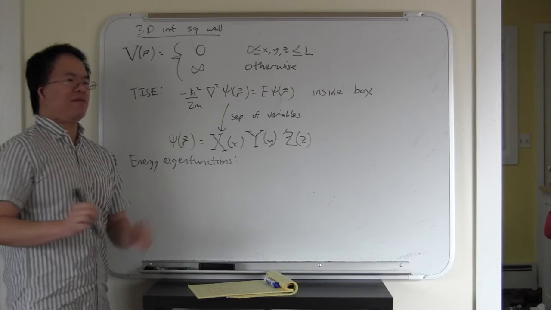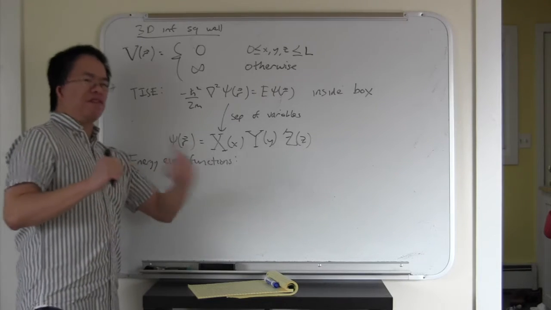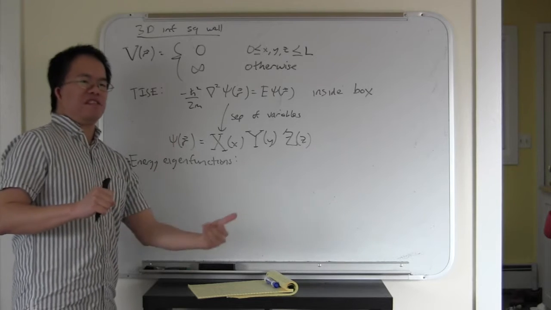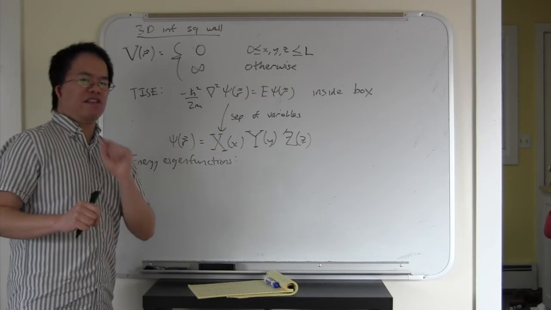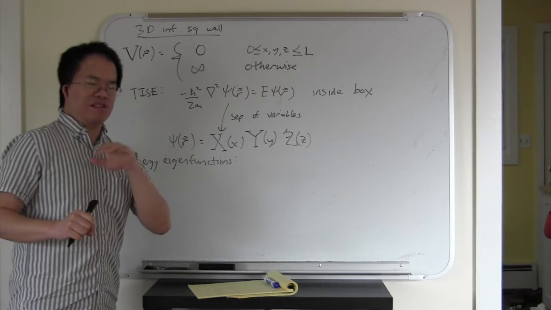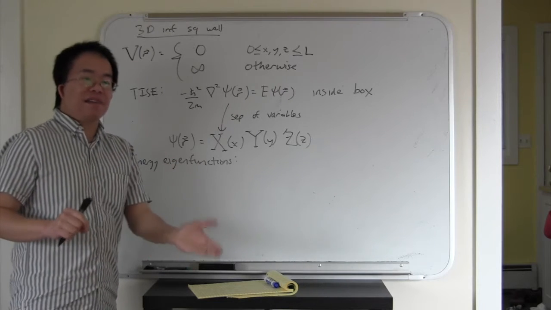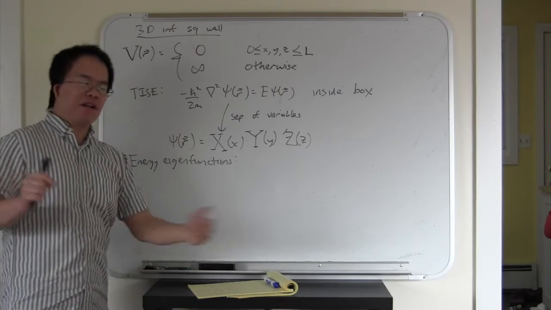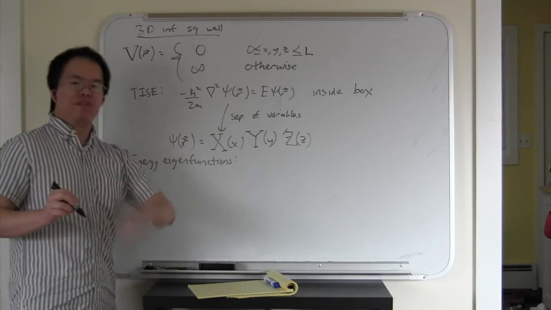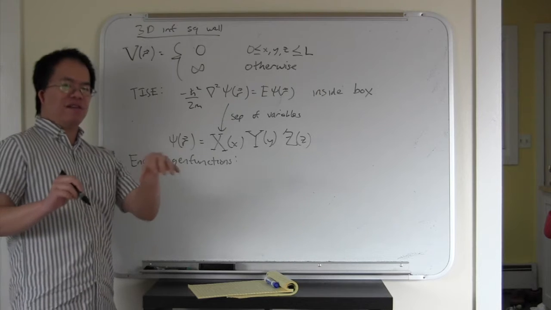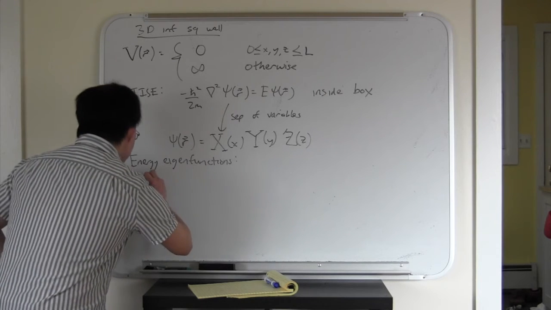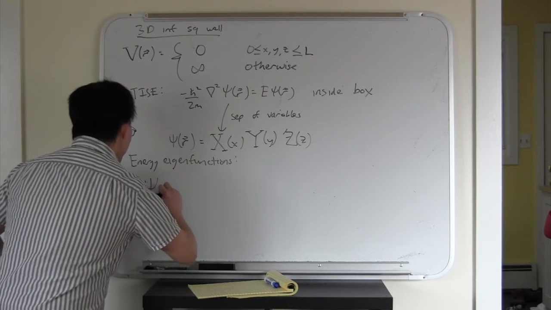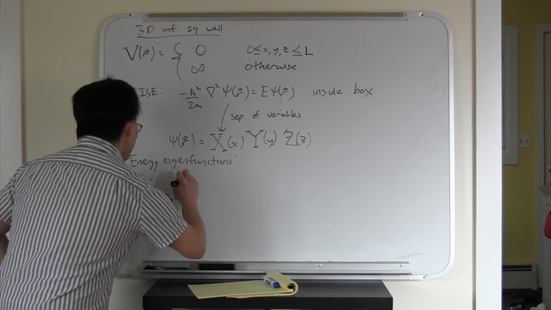Because you can fit different numbers of wavelengths in your box going in x versus y versus z, in 1D we could just talk about a single quantum number n that told us how many half wavelengths we could fit. Now in 3D, we need a separate n for x and y and z. So I actually have to write my wave function as psi of nx, ny, nz of r.